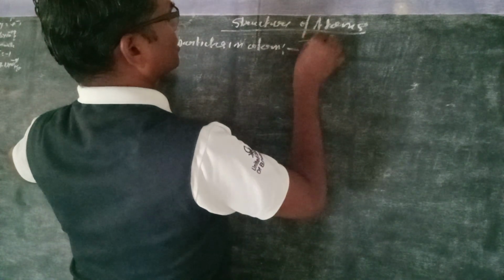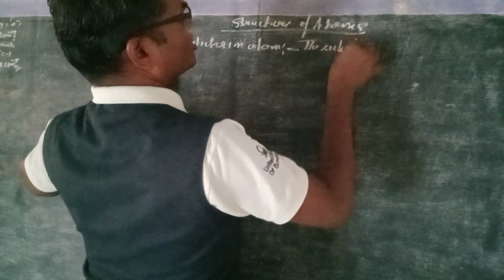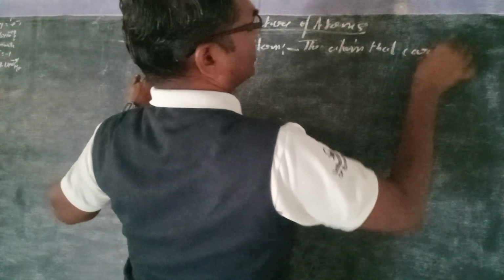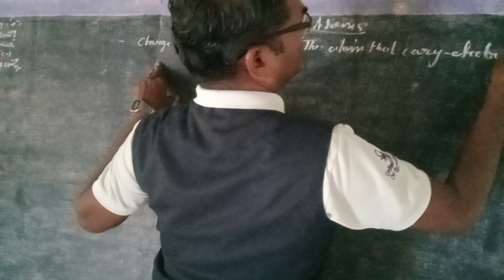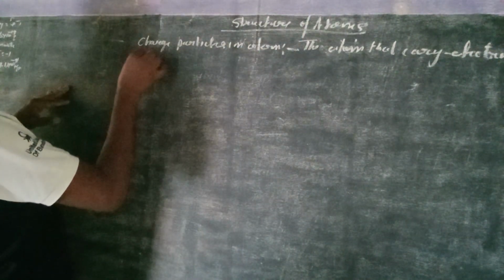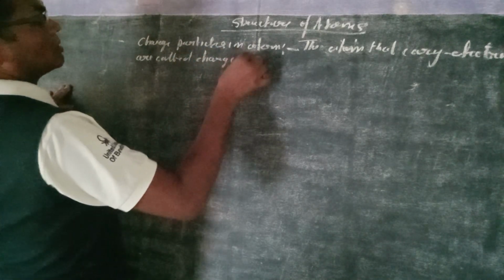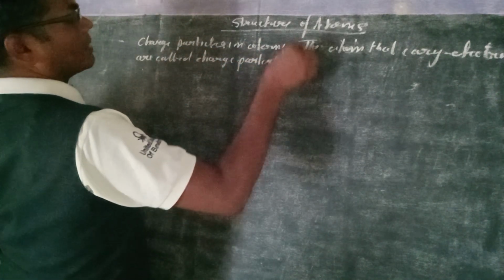The particles that carry electrons, the substance or atoms that carry electrons, are called charged particles.